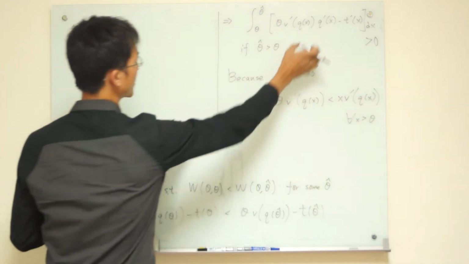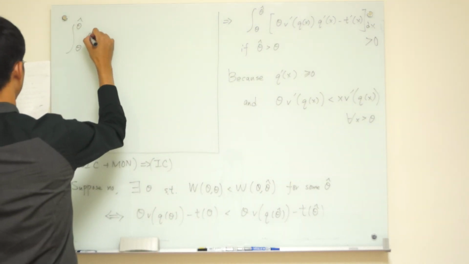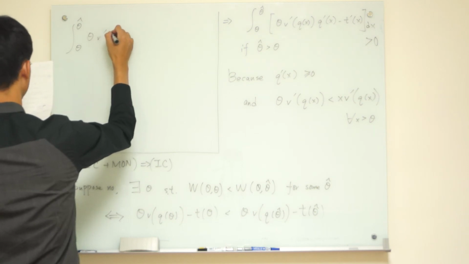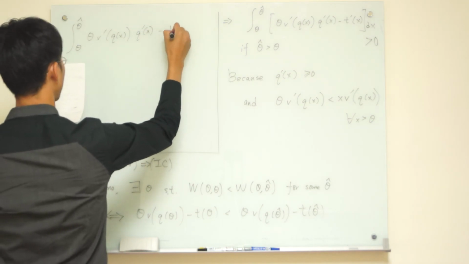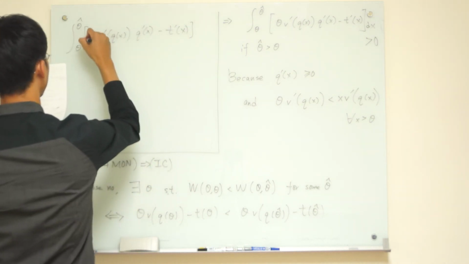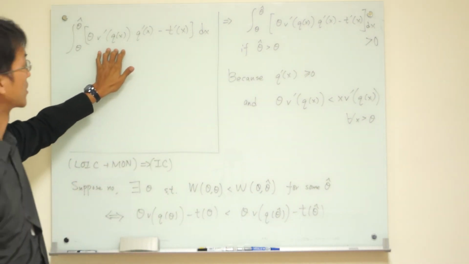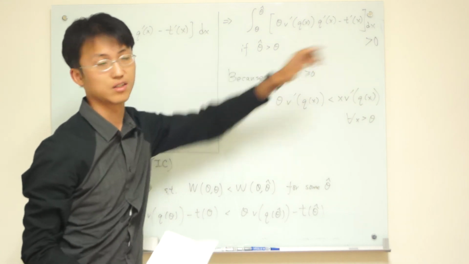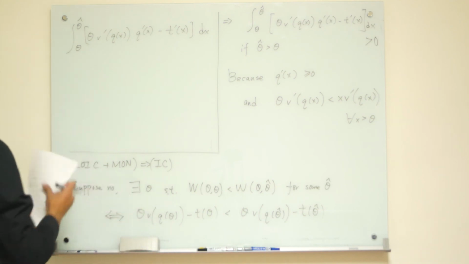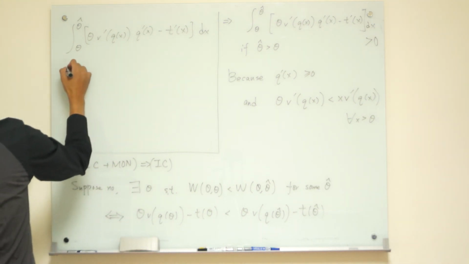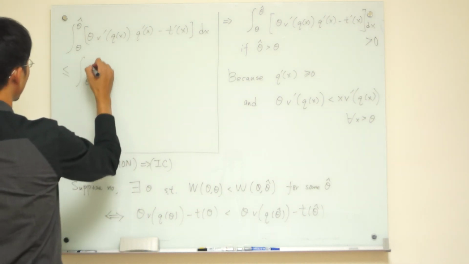I'm imitating what we have here. You can see I've written down exactly the same thing as we had with the thing we supposed to be not true. What will happen here is that this thing is going to be less than or equal to a simple replacement.